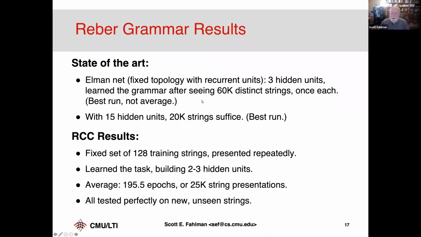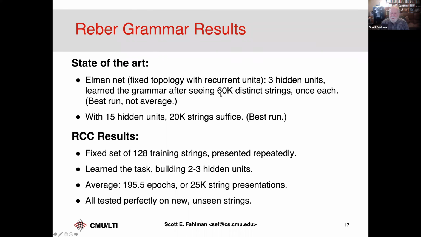Now, it did learn it in 60,000 distinct strings, but that was the best run they reported. They did not report how many times it didn't learn it, or how many presentations it took before they gave up or before they got some sort of success. So it learned this at least once, but we don't know the average time it took to learn.